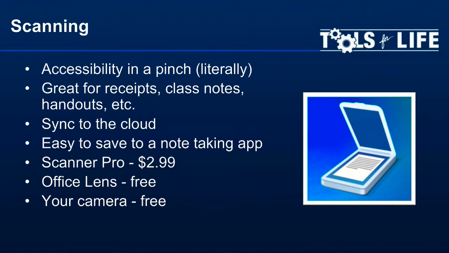Yeah, so scanning is something that I use a lot. So this is whenever you have any kind of document, any kind of paper material, you can take a picture of it, and then with that picture you can then enlarge it, you can add color overlays, you can do OCR on it. So with Scanner Pro, that one is one that will identify the edges of the text automatically, take the picture without you having to do anything. It's less than $3.